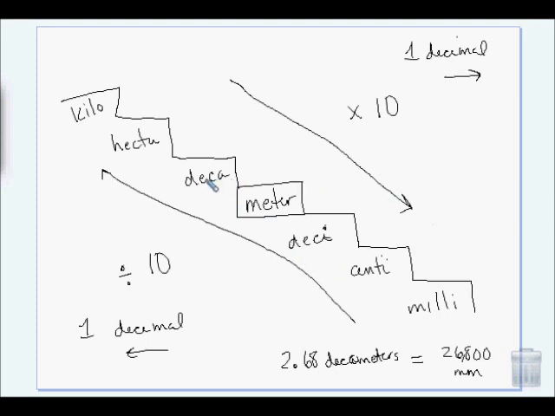So I started here. If I wanted to know meters, it would be 26.8. Decimeters would be 268. Then I'd get 2,680 centimeters, 26,800 millimeters.